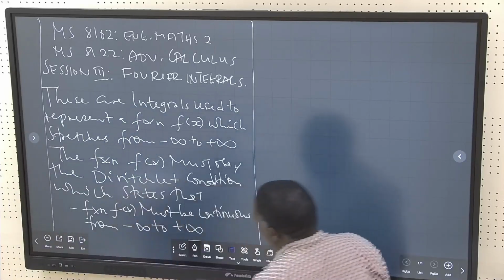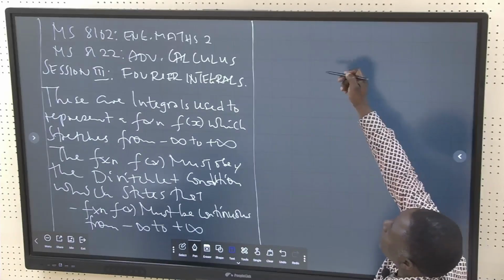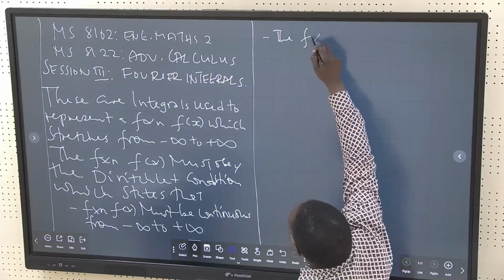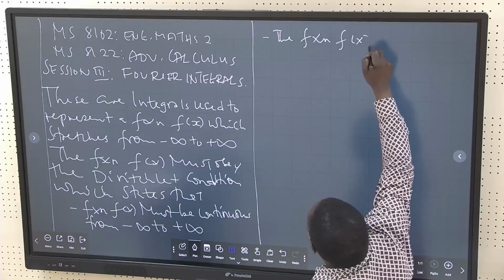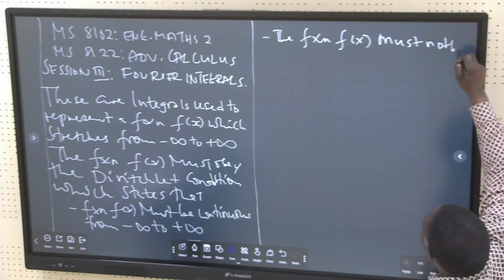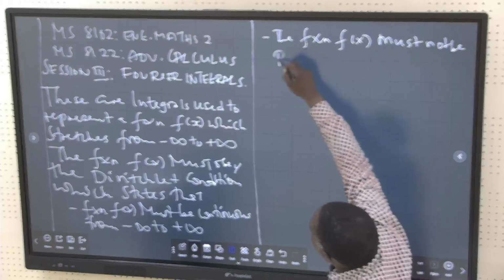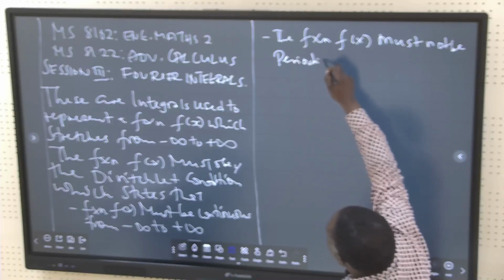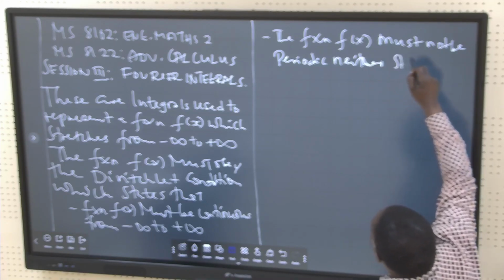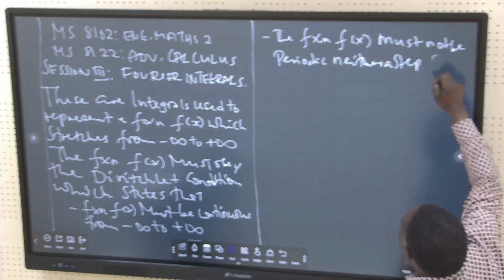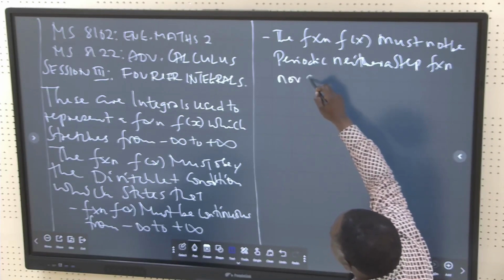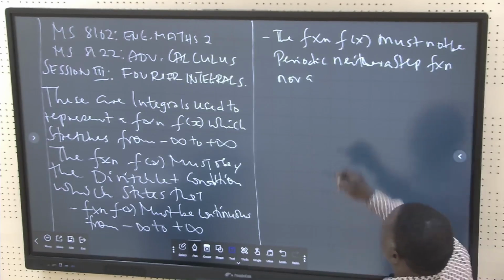The second one: the function f of x must not be periodic, neither a step function, nor a discontinuous function.